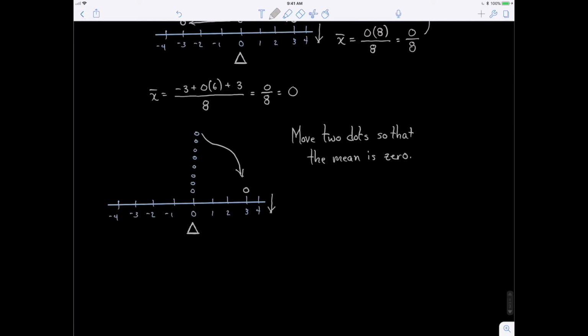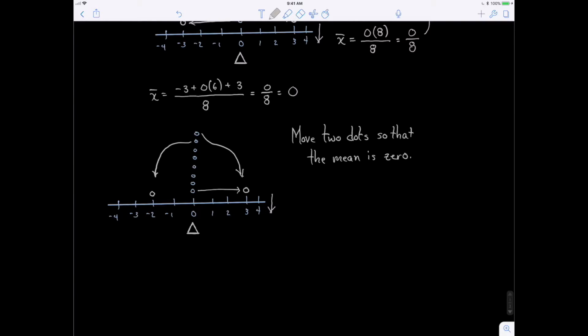Since the first dot was 3 units to the right of the mean, I need a total of 3 units to the left of the mean. If I move this first dot over to negative 2, I can't move it to negative 3 because then it would be balanced, but the directions say I have to move 2 dots. I can't move one to -3 and leave the other at 0. So I'm going to move one to -2.